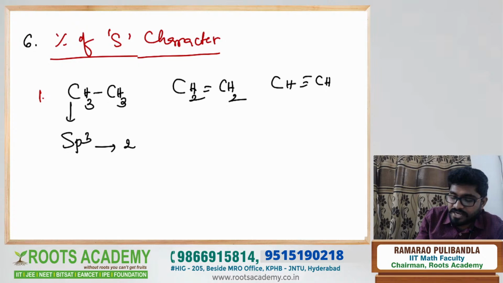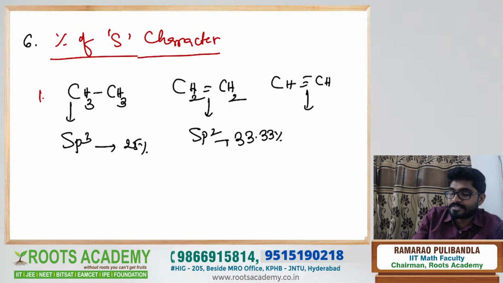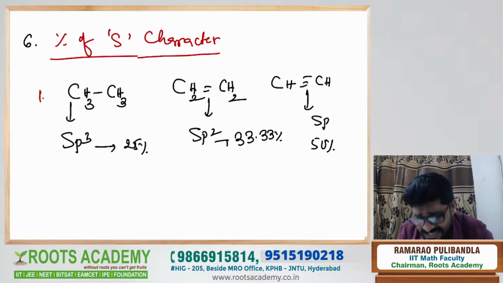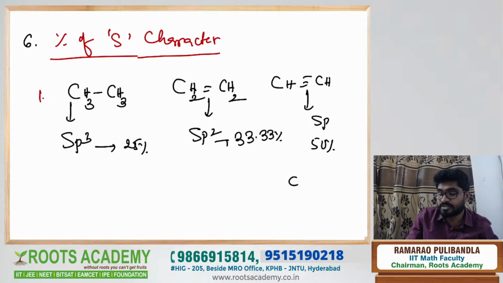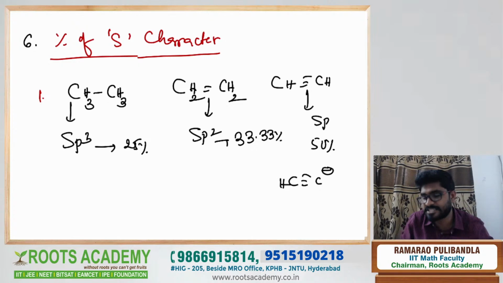S character is 25%. Here sp2, S character is 33.33%. Here sp, S character is 50%. So the more the S character, the more the electronegativity. We already know that the more the electronegativity, the more the acidic strength. Because see what is happening exactly: if we remove the proton, C minus is forming.